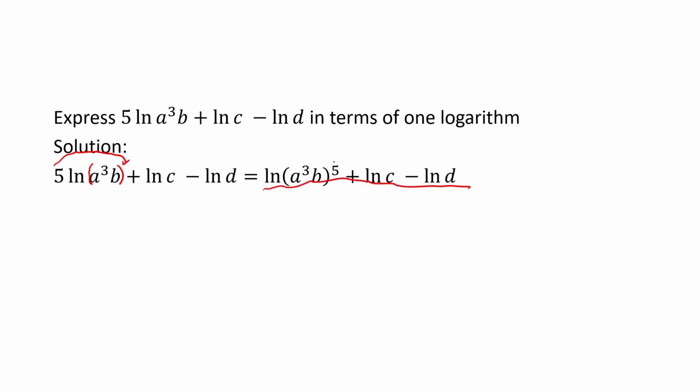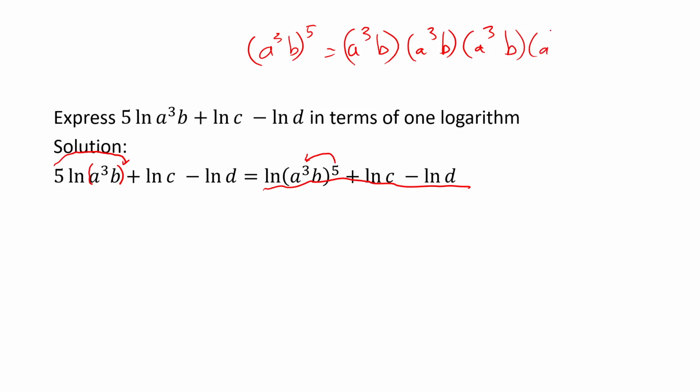Now, instead of saying a cubed b to the 5, we can say a cubed b, a cubed b, a cubed b, a cubed b, a cubed b, and then we're able to multiply those in different orders.